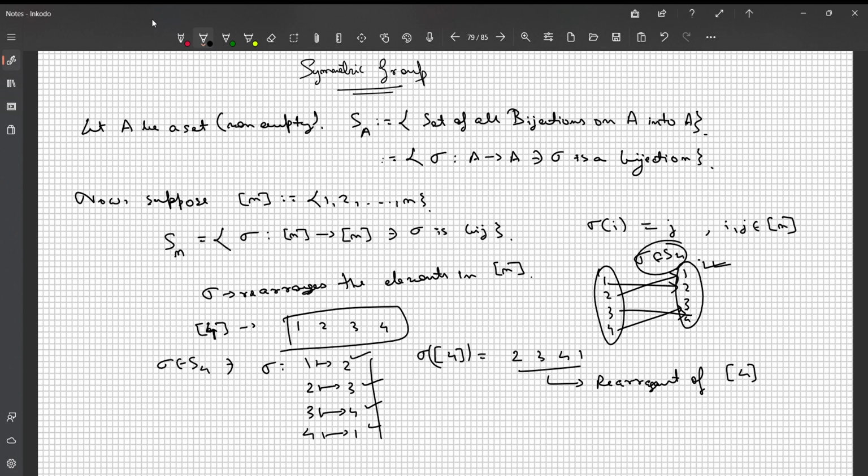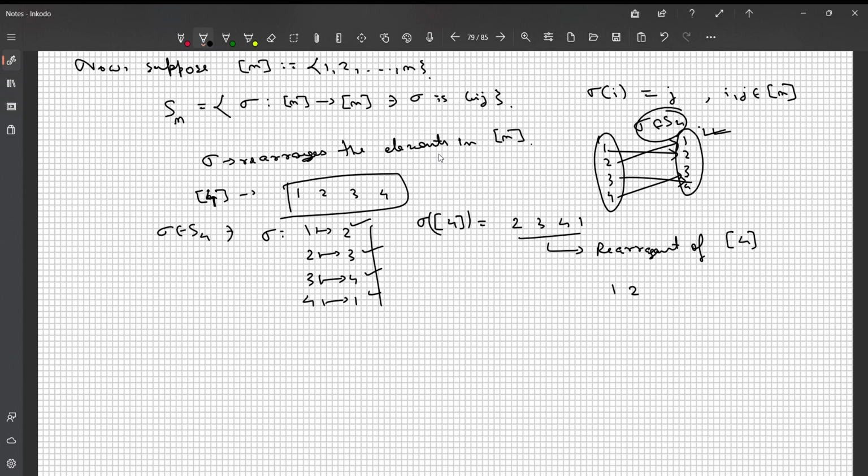We are not considering this as a set at the moment, because in a set we don't need to define an order. But the way we want to describe it is that if you have the elements listed as 1 2 3 and 4, which is how natural numbers are listed, then if you consider the listing sigma 1, sigma 2, sigma 3 and sigma 4, we will get the new list 2 3 4 1.